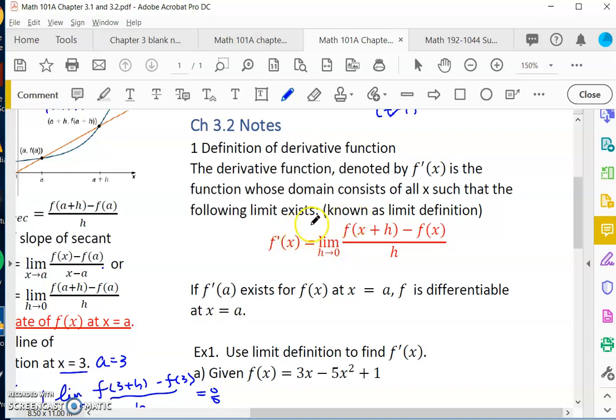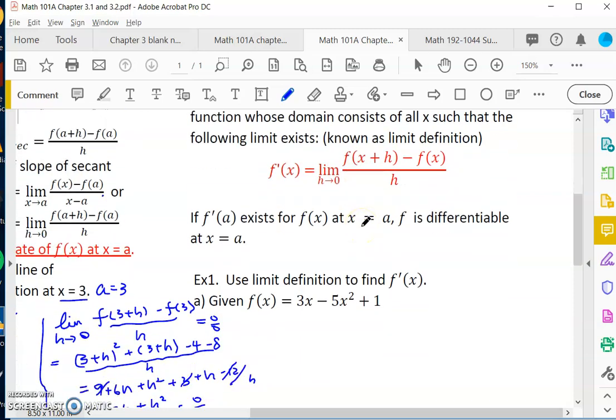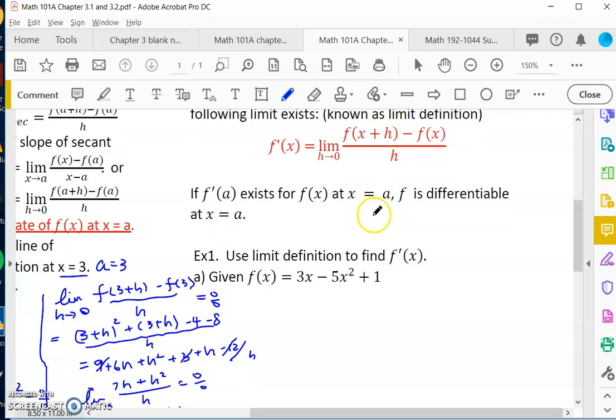But in terms of what is defined as f prime of x, this is called the limit definition of the derivative. If f prime of a exists, then we say f is differentiable at x equal to a. And the process of finding the derivative is called differentiation. Every process of differentiation involves a limit.